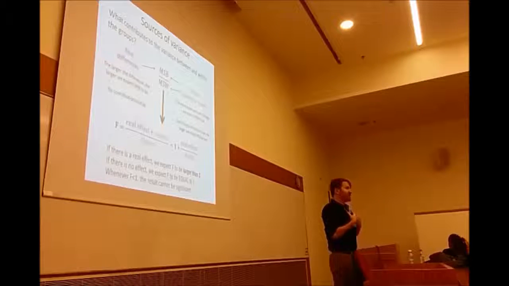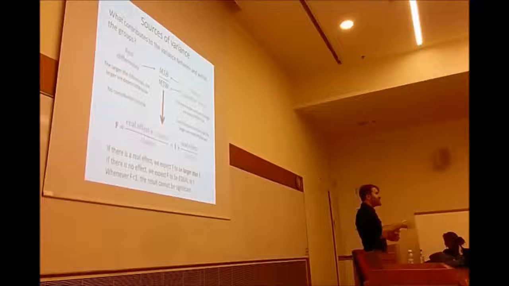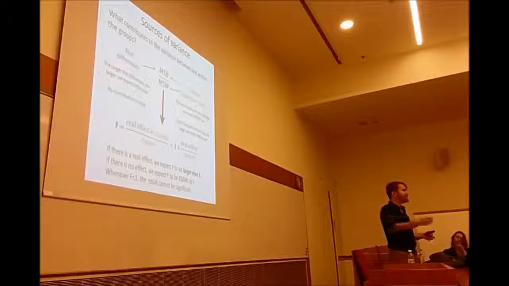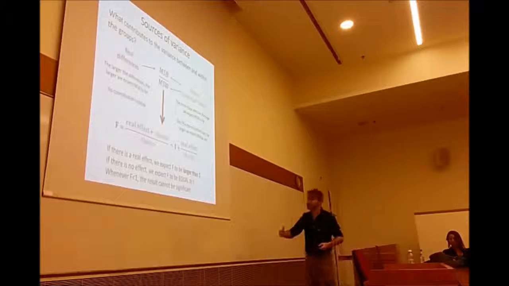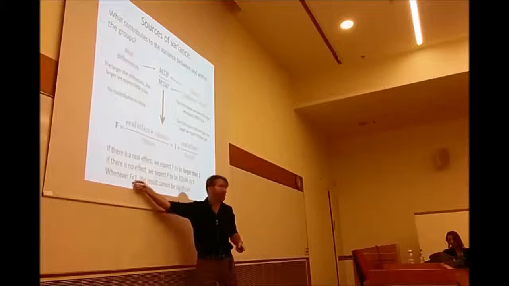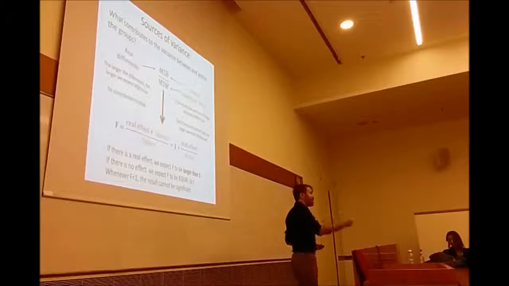So whenever I write in an article F smaller than 1, I'm just saying to the people, look, let's skip it. It's not a significant result. Let's move on. So whenever you see F smaller than 1, you know it's a non-significant result. But it's always F equals 1. Right, so F equals 1 is also non-significant.